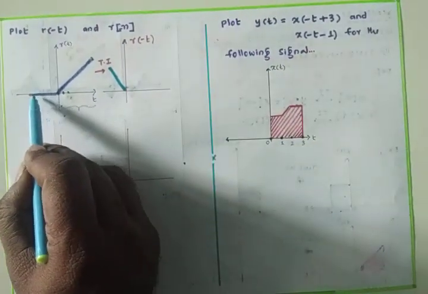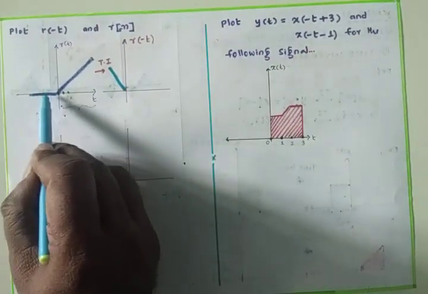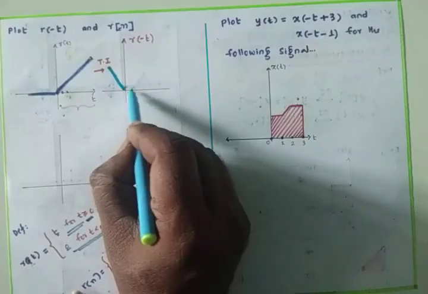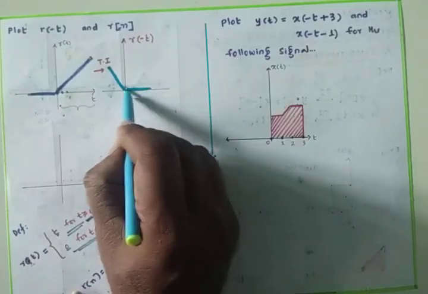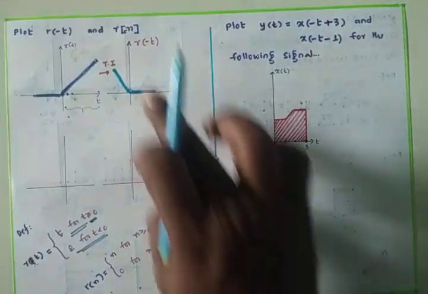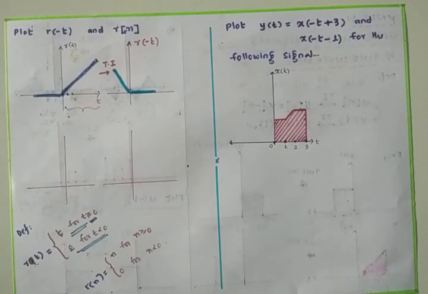And in the second quadrant, there is no signal, the amplitude is 0. Due to the folding operation, you can get that signal in the first quadrant. This is r of minus t. Simply we have replaced t with minus t, or minus t with plus t. That is called the time inversion operation or the time reversal operation.